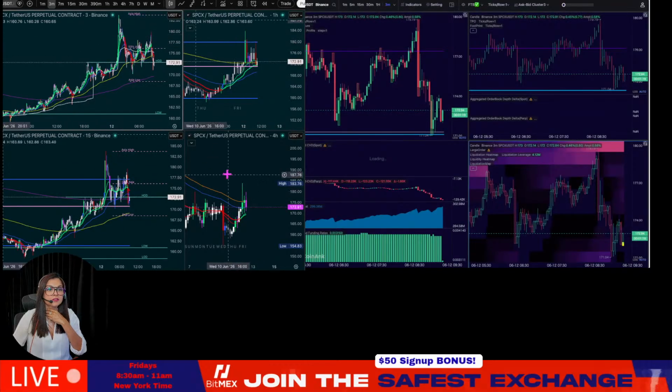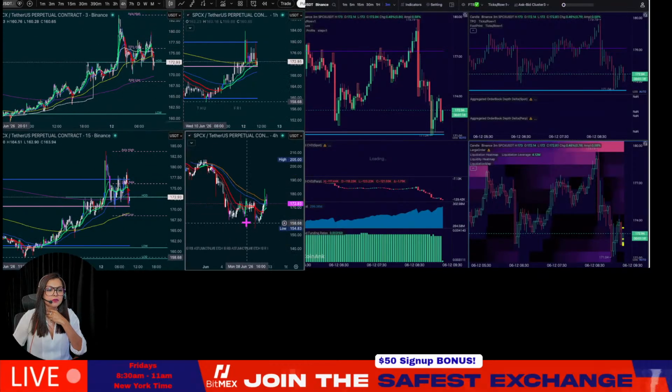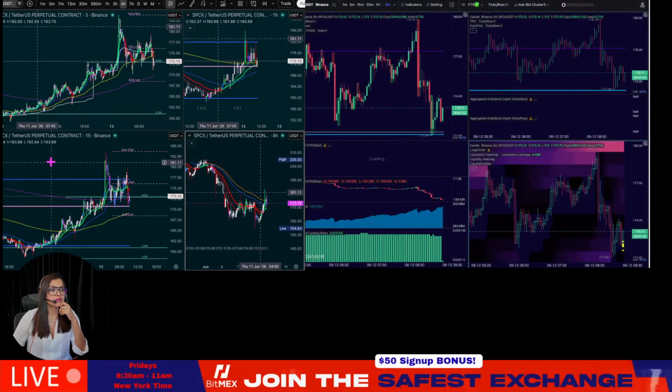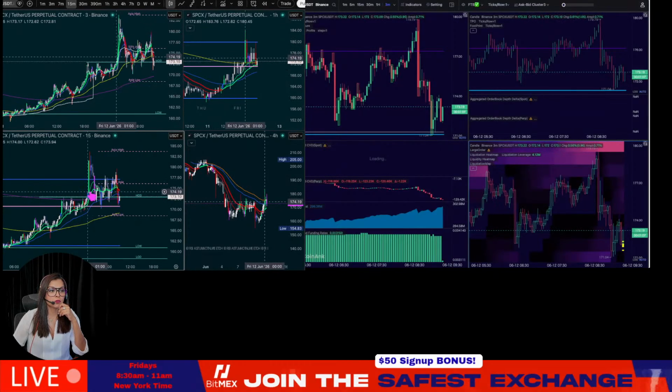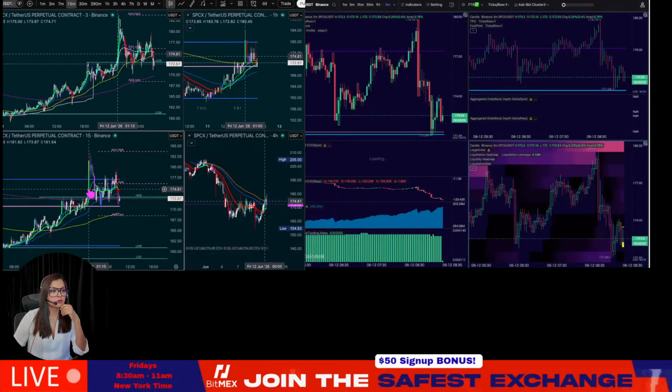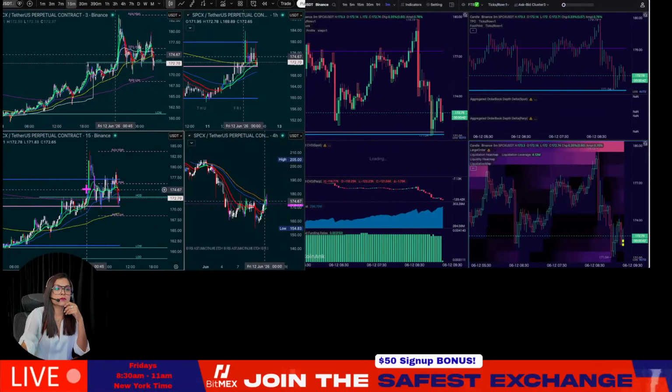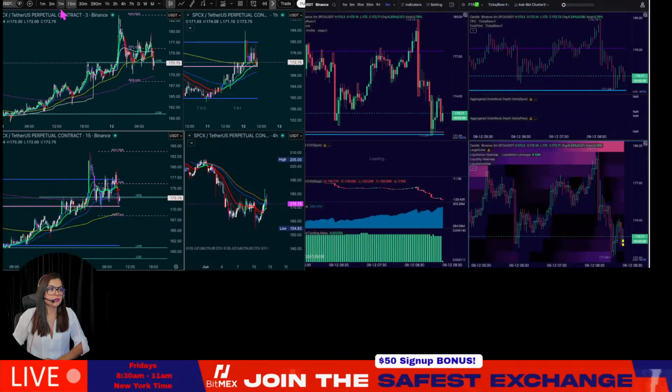We have 1 hour, 15 minutes and 4-hour chart here on TradingView. If you didn't know already, I do use my PVSRA indicator. It tells me volume by the color of the candles. So my green candles and my red candles are not your typical green and red candles. The green is 200% increase in volume to the upside. So when we see a 200% increase in volume, we can assume that it is not retail, but large institutions, whales, and so on. This is why I use it. I don't need the volume under here.